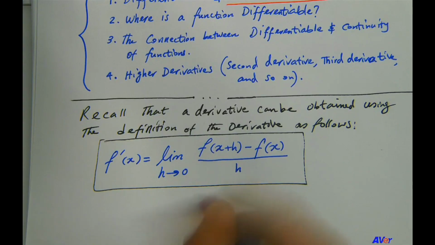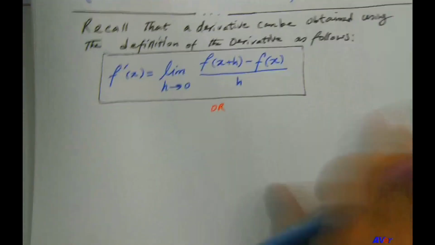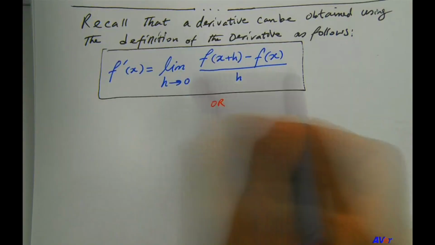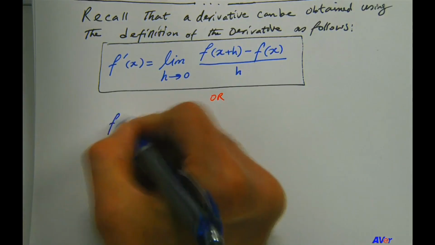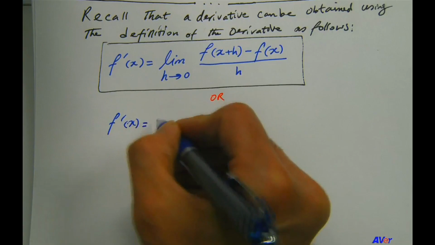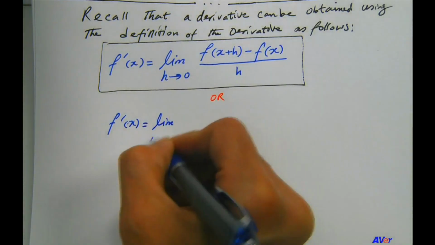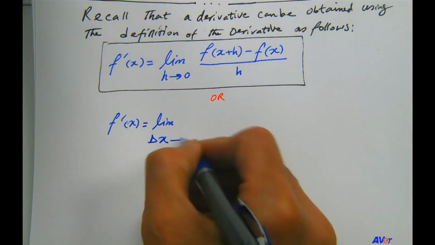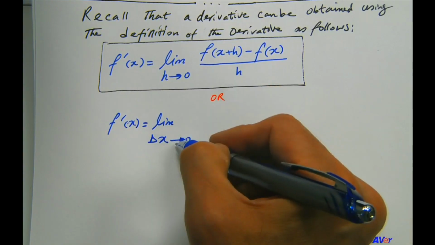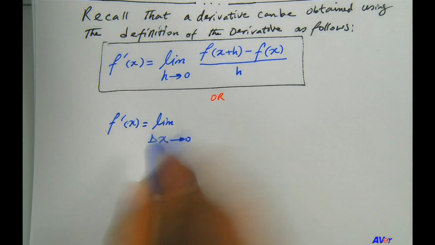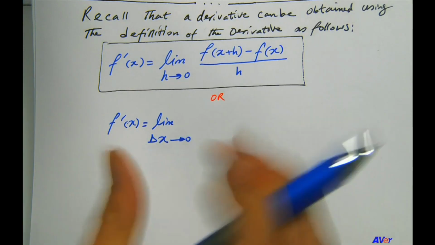Another one was this form, which is the same formula or the same definition, but represented differently. And that is f prime of x equals the limit as delta x goes to 0. Delta x, h really represents this delta x, right? The difference between two x values as they approach 0.